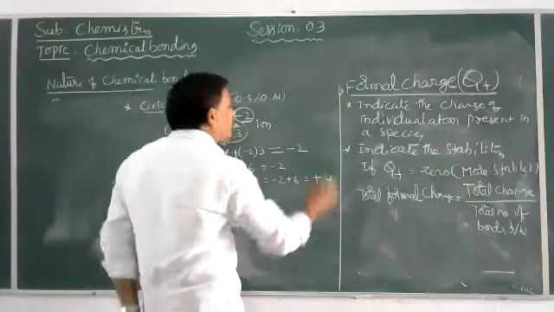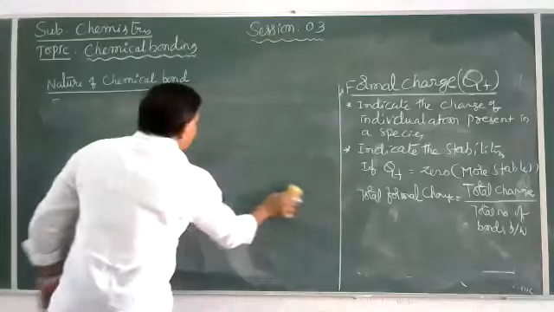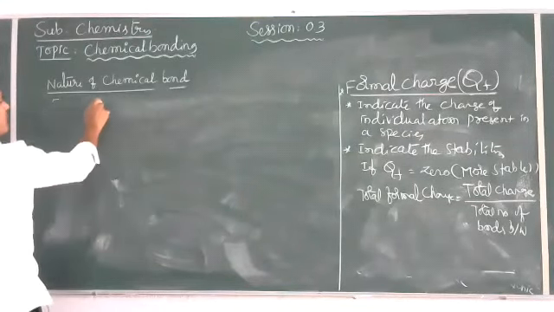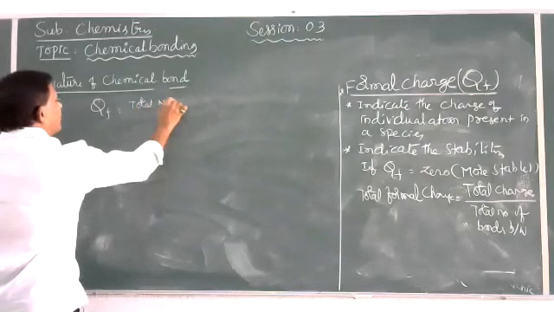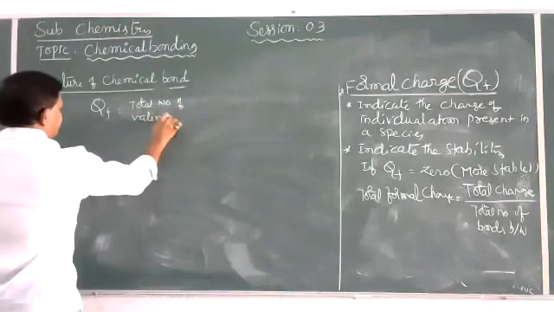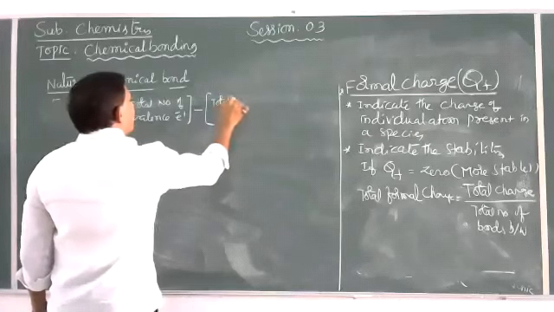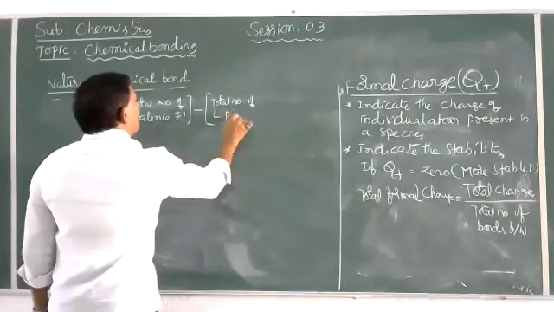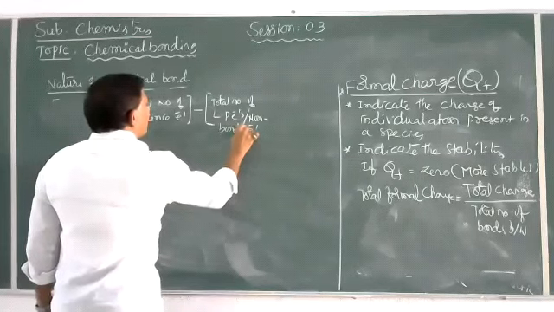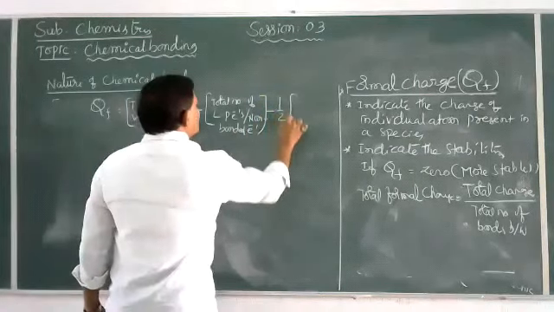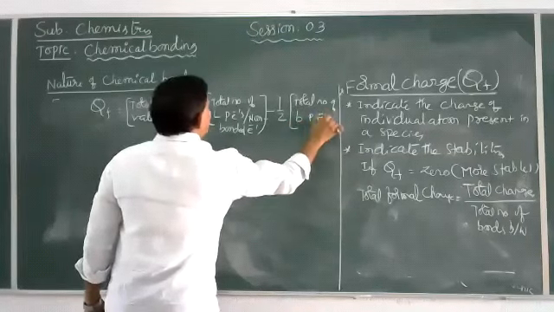Now by using this simple analysis, to calculate the formal charge of each and every element present in a species, an important formula was created, that is QF is equal to the total number of valence electrons minus the total number of lone pair electrons, that is non-bonded electrons, minus 1 by 2 into the total number of bond pair electrons, or the bonded electrons.